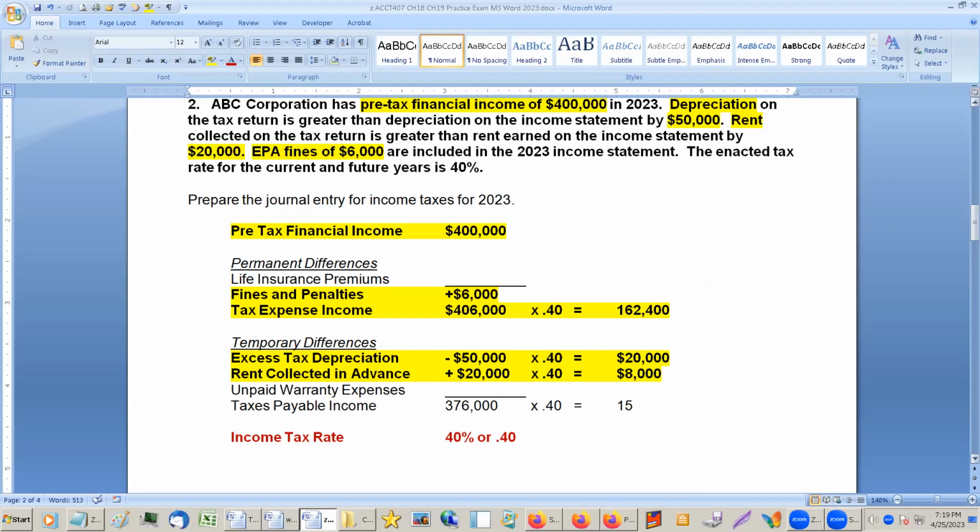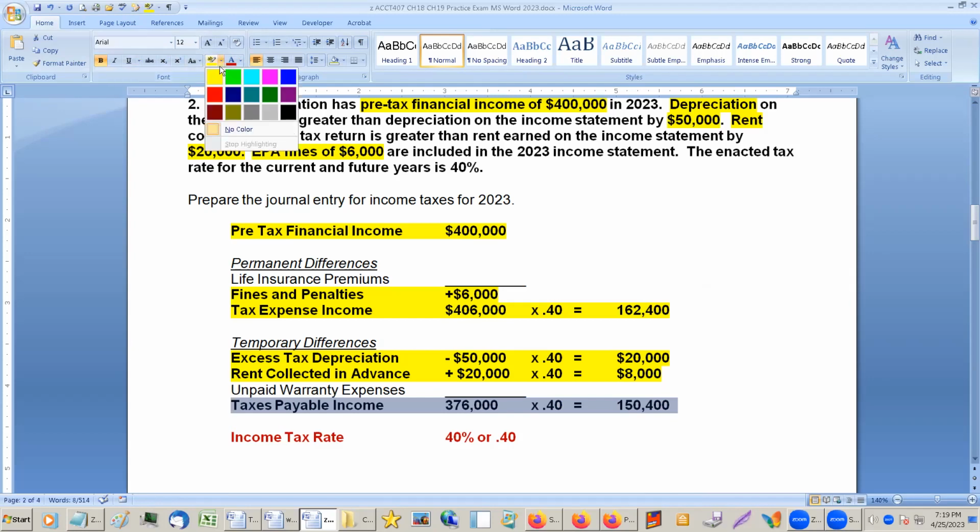$150,000 for it. This is confusing. Hold on a second. I'm going to do something here. Let's make this green. We'll make this blue. So we kind of pull those two out.